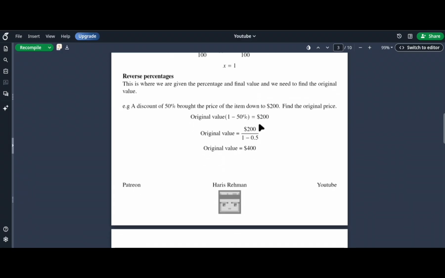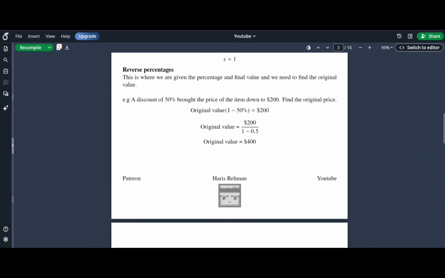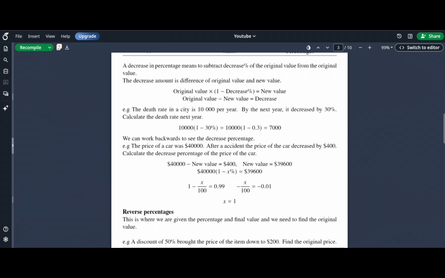Because this is asking us: x percent of what gives us the answer, instead of what percent of x gives us the answer. Before, it was what percent do we multiply the first quantity by to get the second quantity.